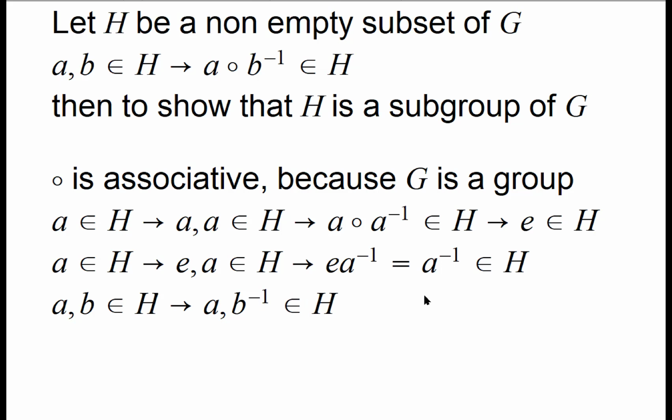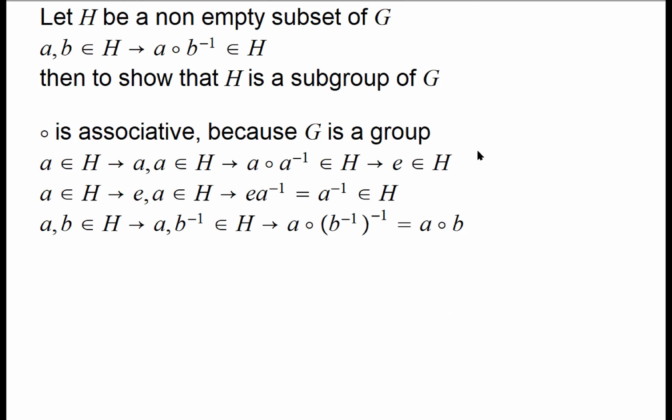And if B inverse is in there, that means A combined with the inverse of B inverse. That's how we are verifying it as an argument. And we have seen the inverse of B inverse is B, that is A B, and that is going to be in H as well. So this shows the closure.